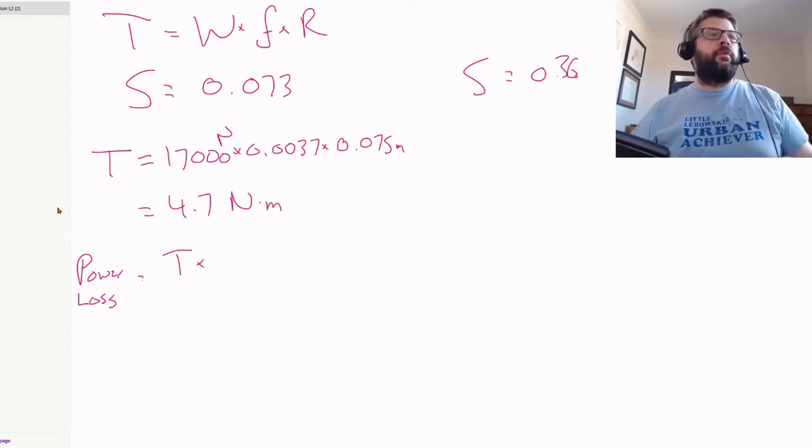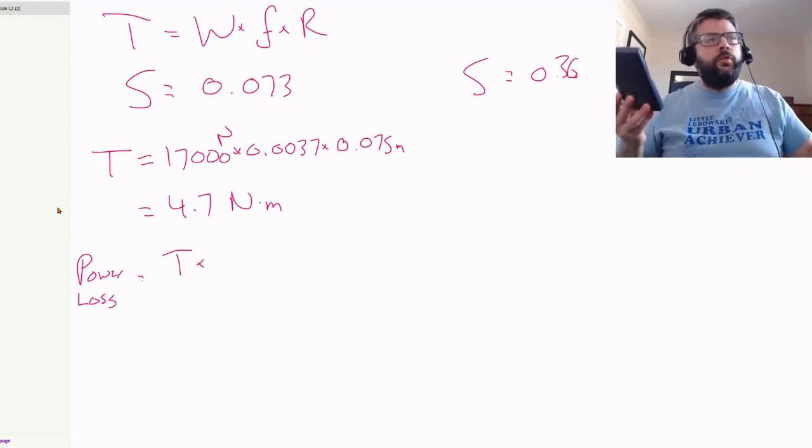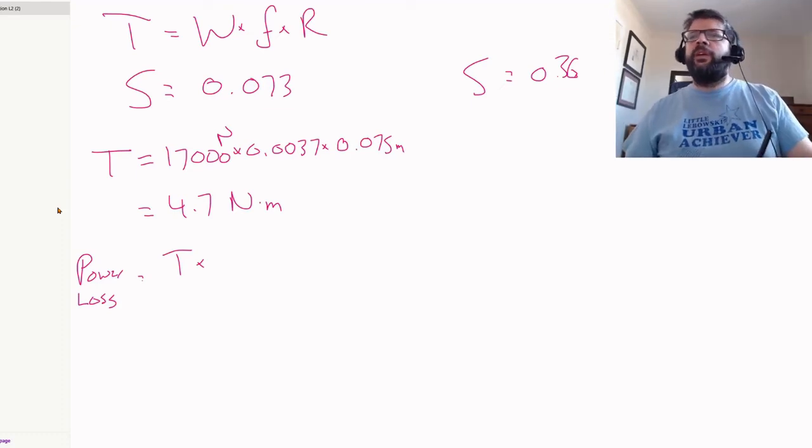I'm not sure why they didn't just normalize the charts for radians per second instead. Who knows? But we have torque times our rotational speed in rads per second.